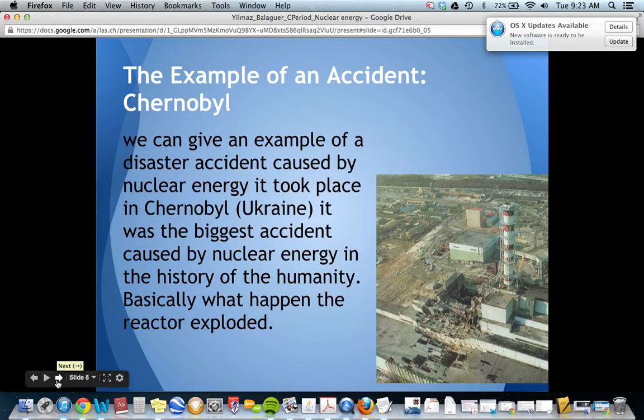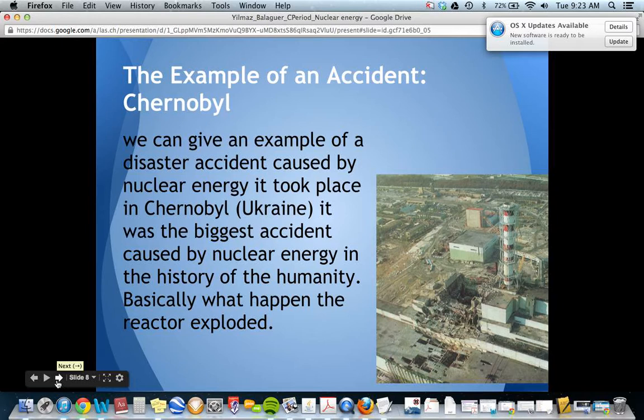Because Chernobyl was in a city, the people who were living there had to move to other countries and other cities, and the radiation expanded for kilometers and kilometers.